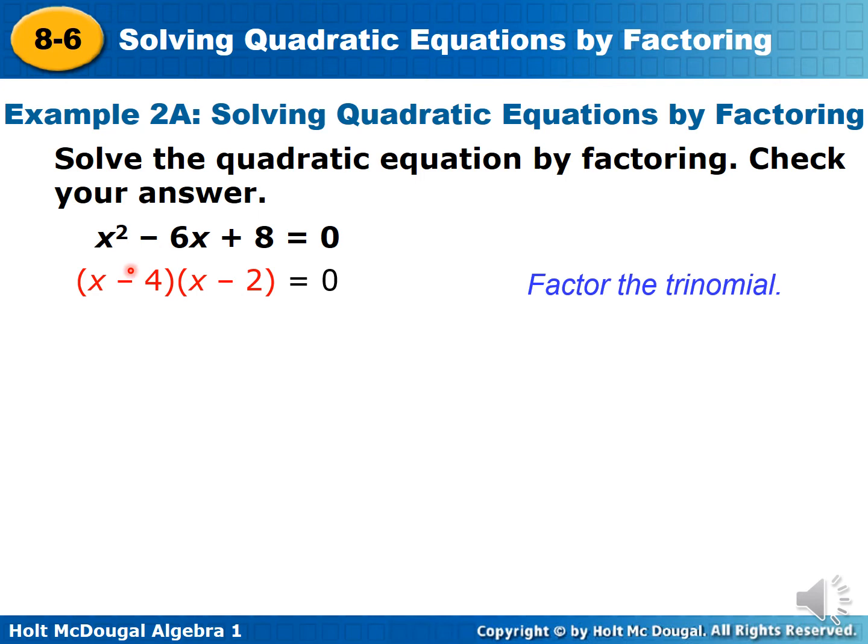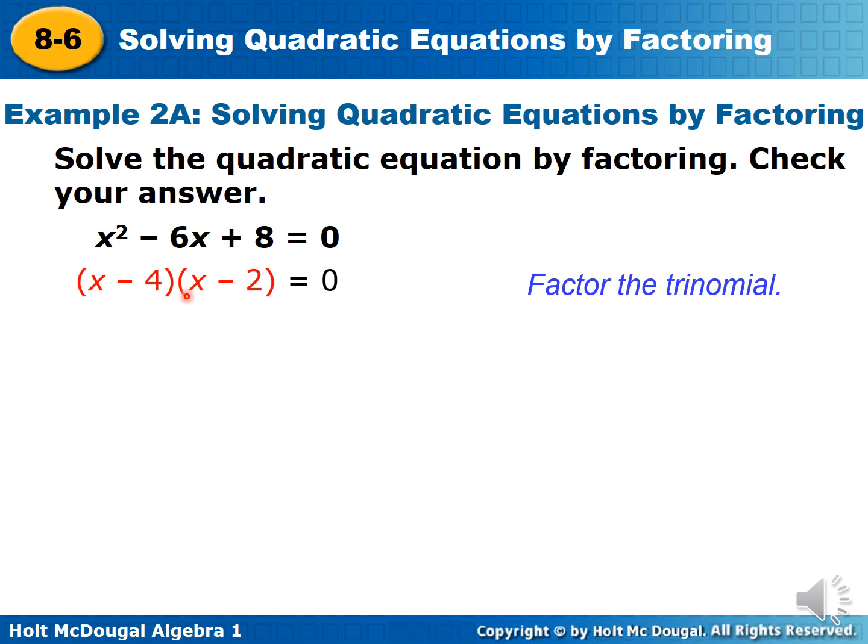Notice that if we FOIL, distributing both brackets together, again, we will have this. This is how you check you factored correctly. Or you say negative 4 times negative 2 is positive 8, and negative 4 plus negative 2 is negative 6. So we're good. This is the first step.